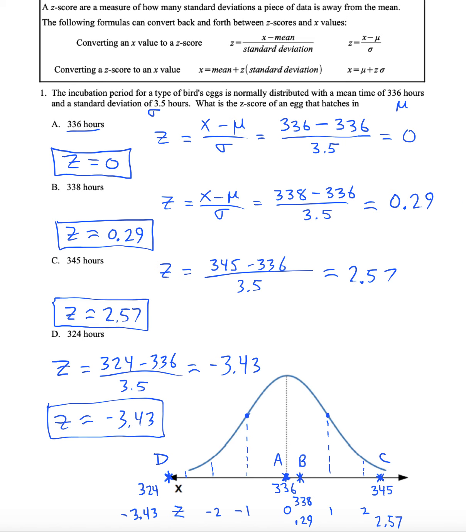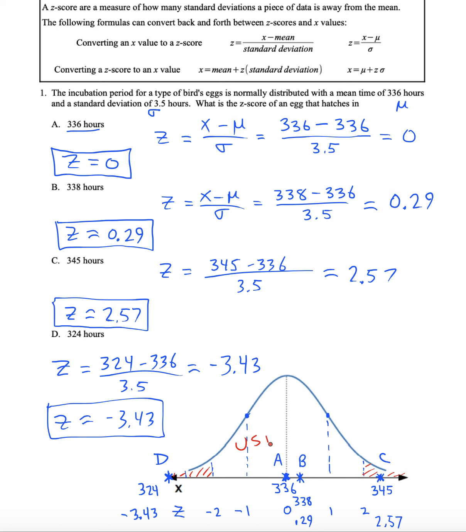All right, so one other term that we should know when it comes to z-scores is the definition of unusual and highly unusual. So unusual scores would be anything that is beyond 2 or negative 2.